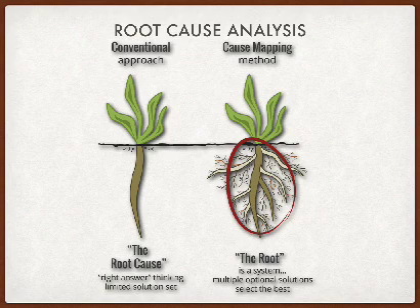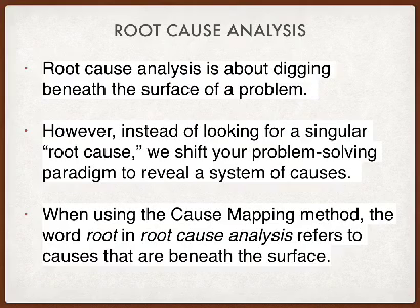This is the conventional approach where you think the root is only a limited solution. The root is only a single spike. But in the actual process or in real time environments, the root is actually a set of multiple things put together. So, root cause analysis is about digging beneath the surface of the problem.